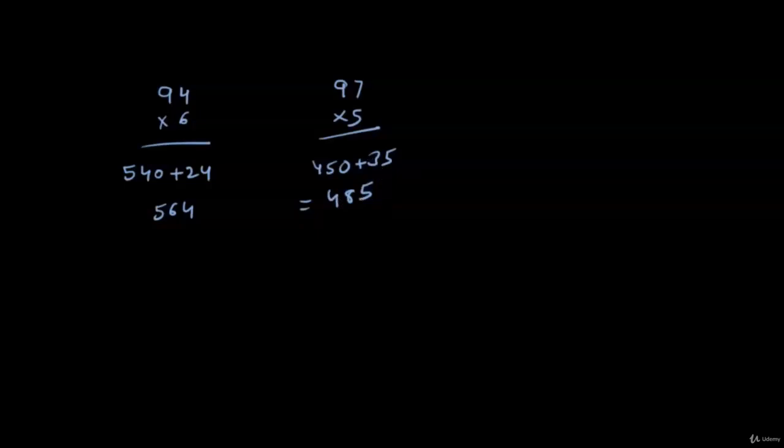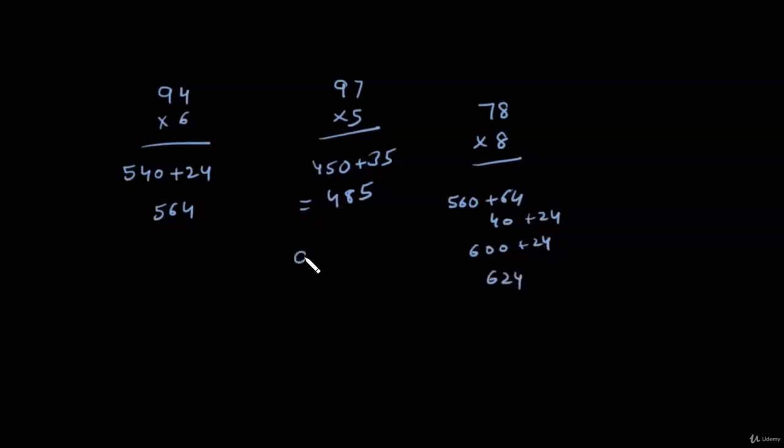We only need practice. 78 times 8. 8 times 7 is 56, but this is 70, so 560. But 8 times 8 is 64. Now we can split this 64 into 40 plus 24. That is all in our brain. So this becomes 600 plus 24, or 624. This is the answer.